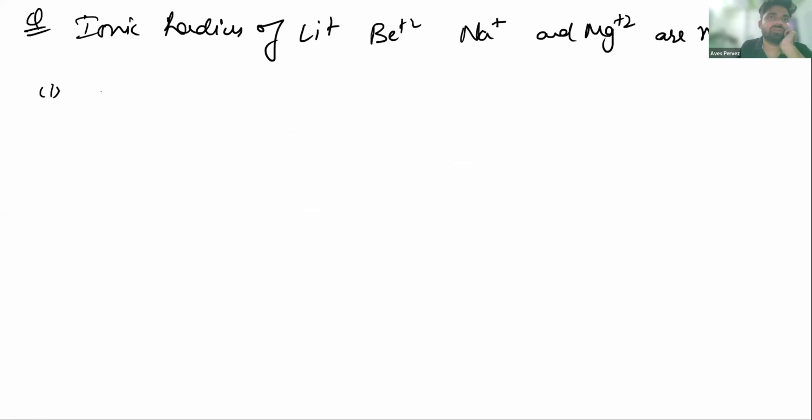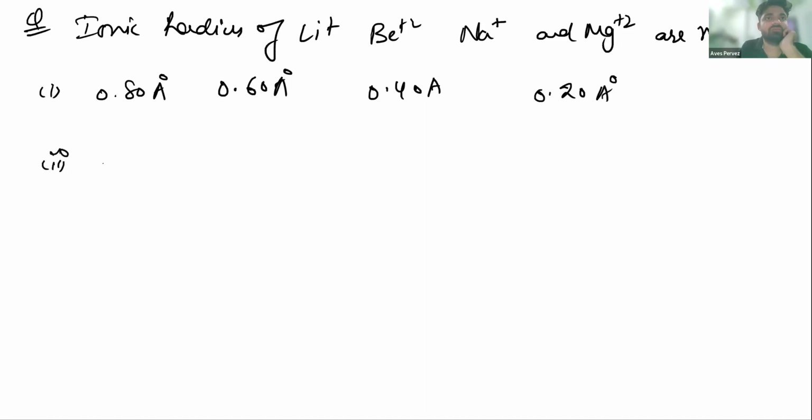The first option is 0.80 angstrom, 0.6 angstrom, 0.4 angstrom, and so on. The second option is 0.20 angstrom, then 0.40 angstrom, then 0.60 angstrom, and then 8.0 angstrom.